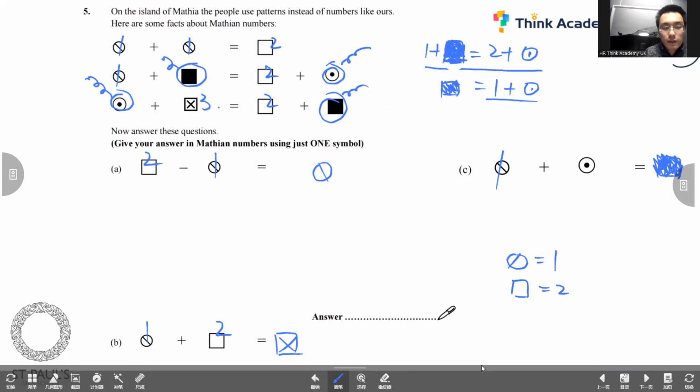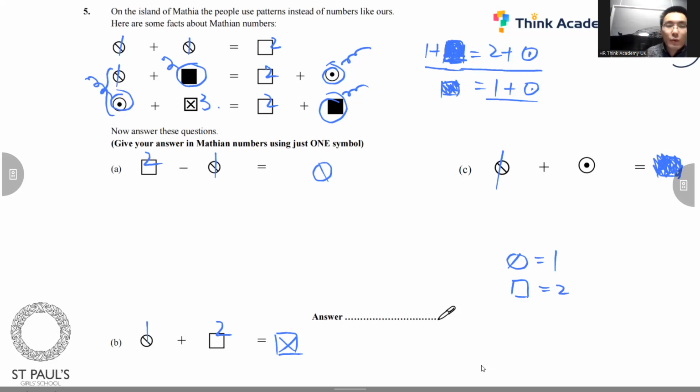The reason we have the last equation is because we need to find the crossed square. We have dotted circle plus crossed square equals square plus hollow square plus black square. If we add the second and third equations together, we have a black square on the left and on the right, and a dotted circle on the left and on the right.